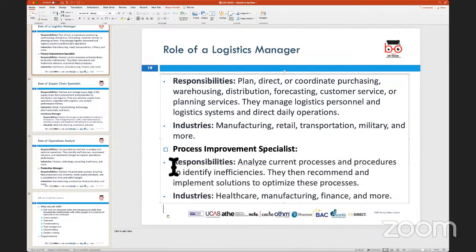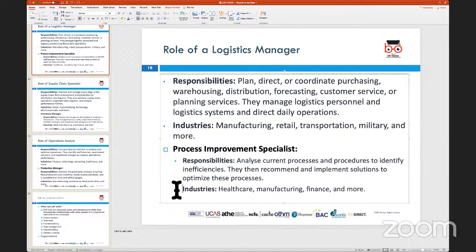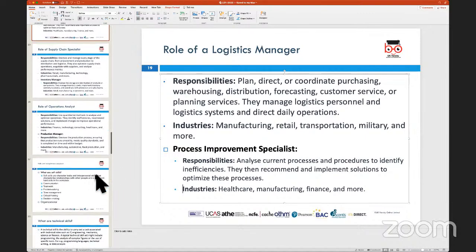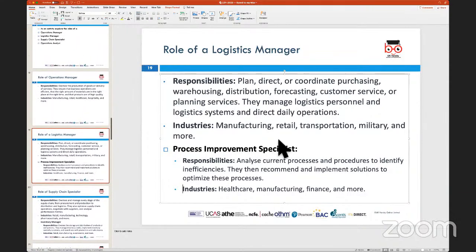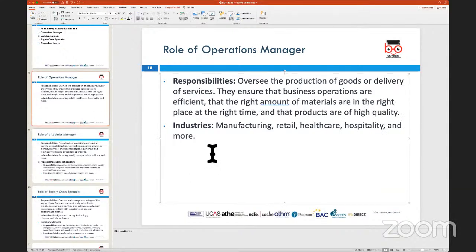You could also have somebody like a process management specialist, somebody who's responsible for analyzing processes to streamline them, and that could be the process manager side of things. Their main aim would be to understand policies and processes and how they can be streamlined to ensure that they are optimum and apt for the production floor.